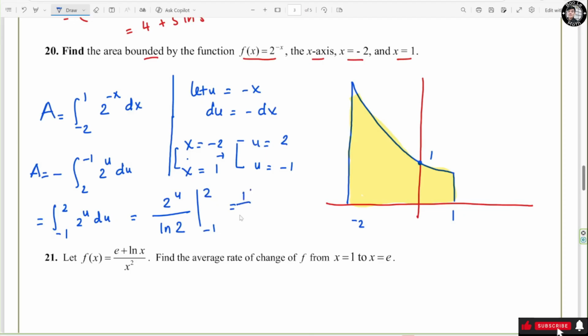That's 1 over ln of 2 times (2 squared minus 2 to the power of negative 1). So it could be 1 over ln of 2 times (4 minus 1 half). So it could be 7 over 2 times ln 2.